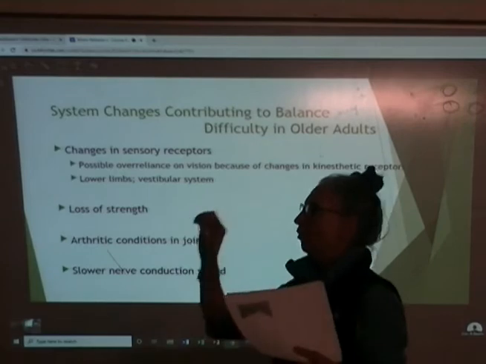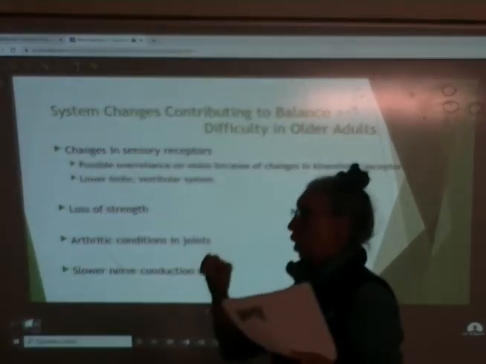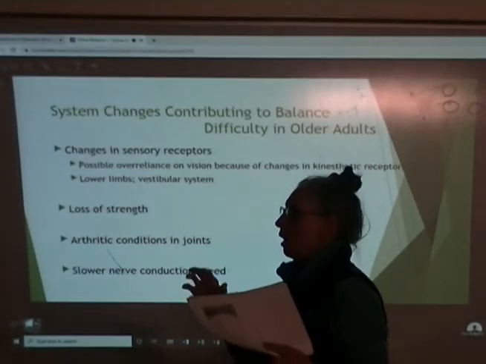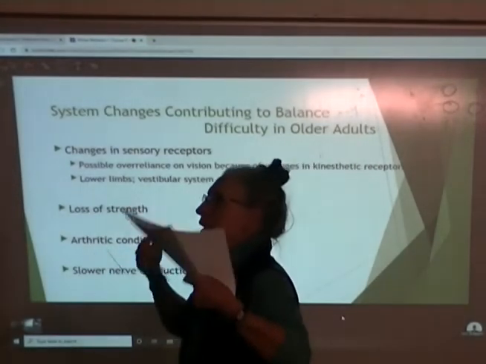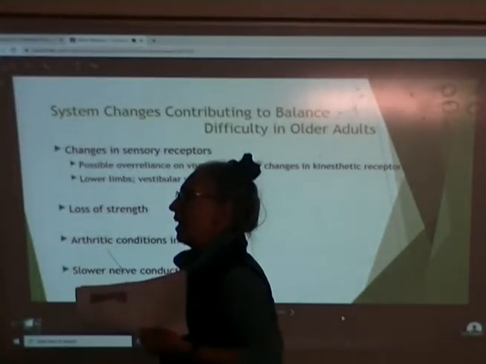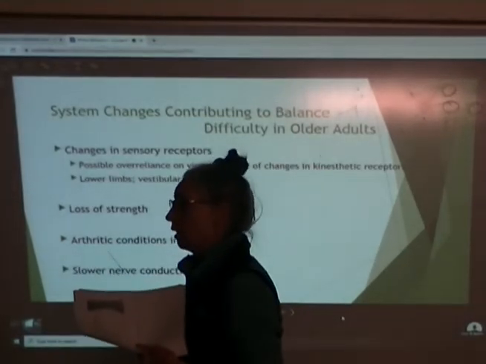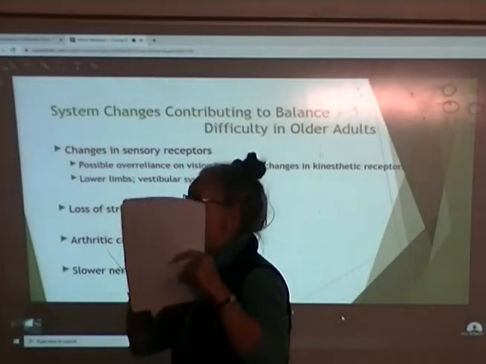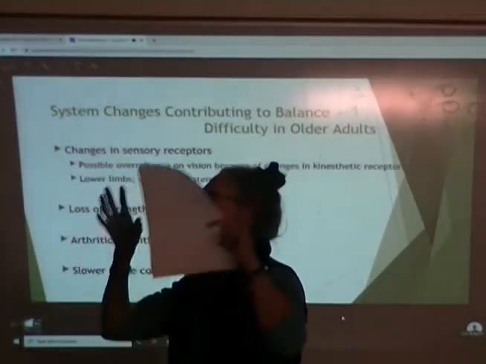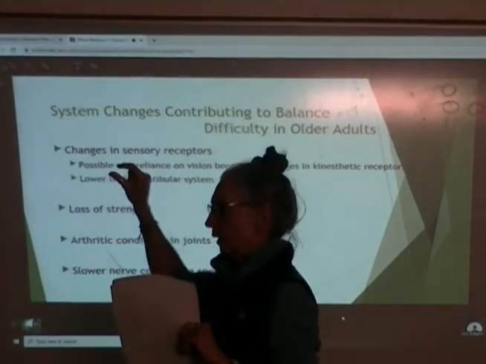Older people may not know those specific statistics, but they know that falling is problematical, right? And so that then becomes a functional constraint because they get hesitant, right? They get fearful of falling, and then being fearful and being hesitant and having less confidence means that I've changed the interaction and I see a different movement pattern, right?